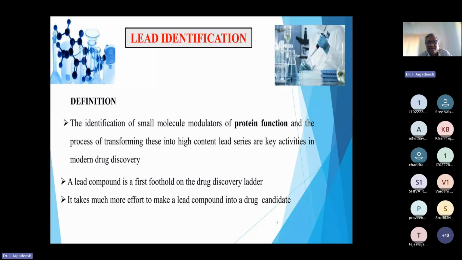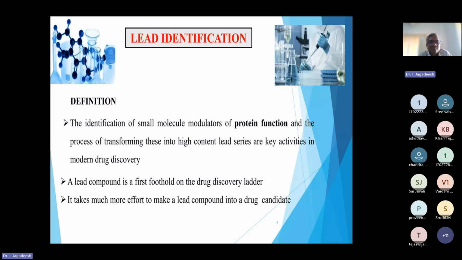Either we want to shut it down or we want to switch it on. These proteins are responsible for so many diseases through their malfunction. We want to manipulate and modulate them. This process we are going to do in a reversible manner, so that our disease will be cured without having toxic side effects.